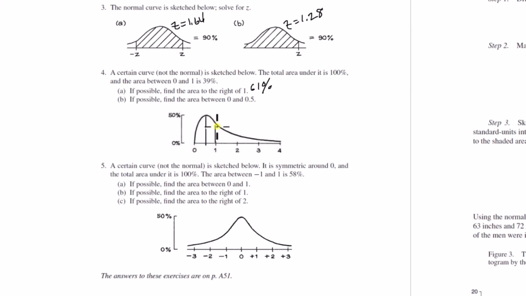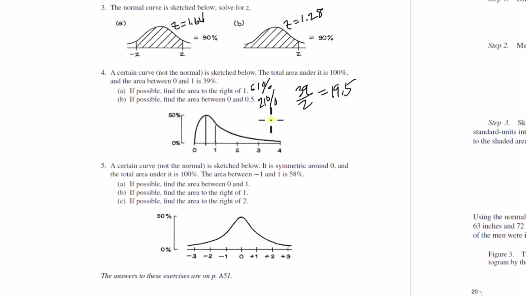So I would say, all right, this total area is 39%. So 39 divided by 2 is 19.5. I wouldn't say that this is 19.5 and this is 19.5. I would say like this is 22 and this is 17, something like that. Maybe even 21 and 18. That's a good estimate.